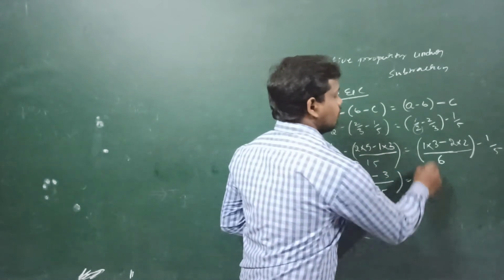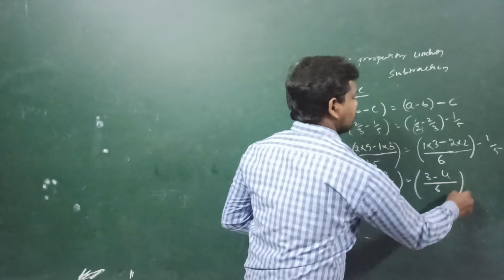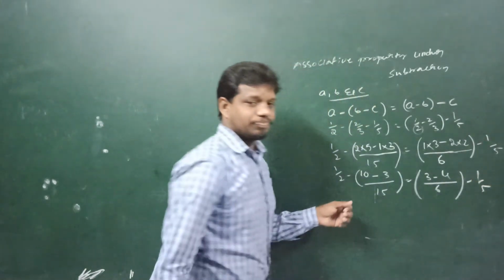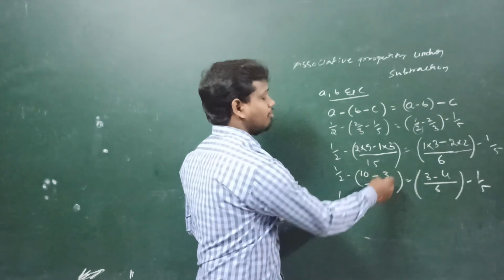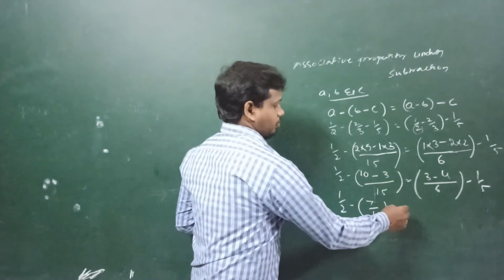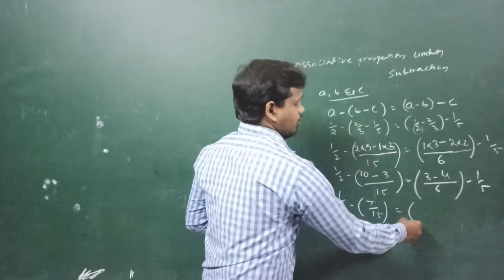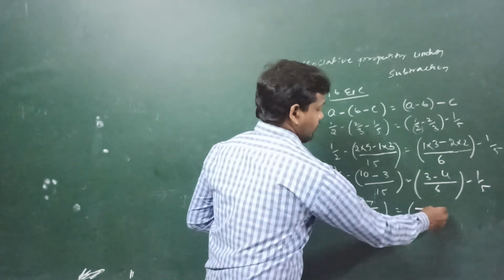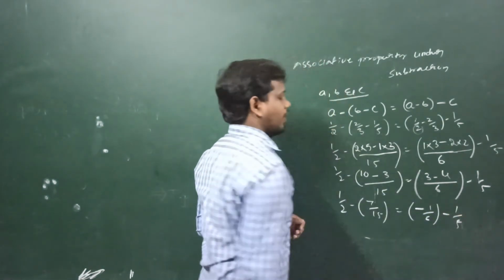Okay. So then 1 by 2 minus 2 fives are 10 minus 1 three is 3 by 15 equal to 1 three is 3 minus 4 by 6 minus 1 by 5. Okay. So now 1 by 2 minus 10 minus 3 equal to 7 by 15, equal to 3 minus 4, that equals minus 1 by 6 minus 1 by 5.